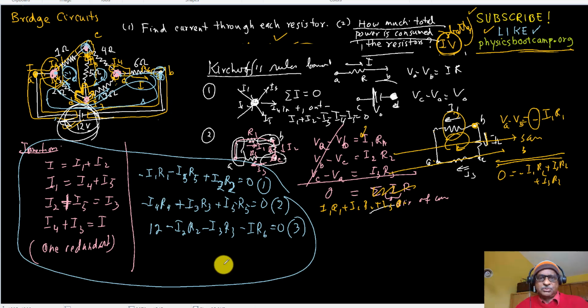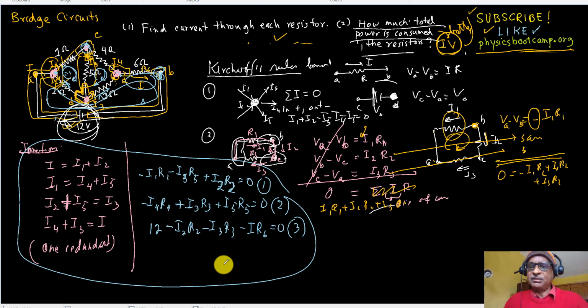I just wanted to make sure you know that there are other ways of solving this problem, and a lot of people prefer this way, but I prefer the voltage way because it's very simple, and I can keep track of the unknowns better. That's just my preference. Whichever you like more, you just go ahead and follow that.